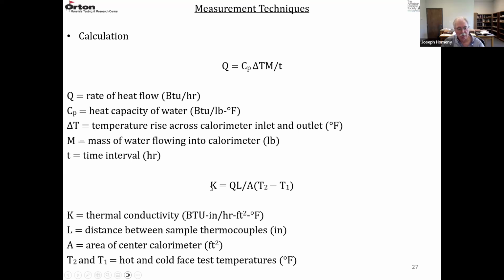The thermal conductivity equals the heat flow times the distance between the hot and cold face, divided by the area, which is the area of the center calorimeter, and then the temperature difference between the hot and cold face. So very simple calculation. You can get the conductivity, and this is under steady state conditions and a very steep thermal gradient.